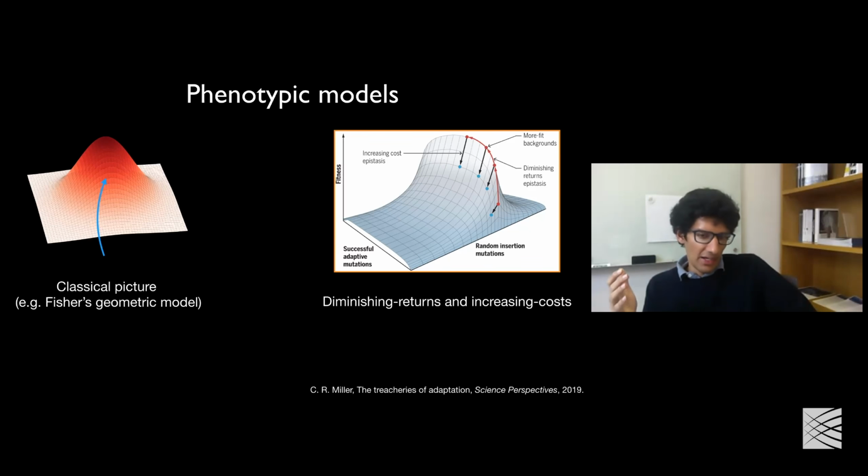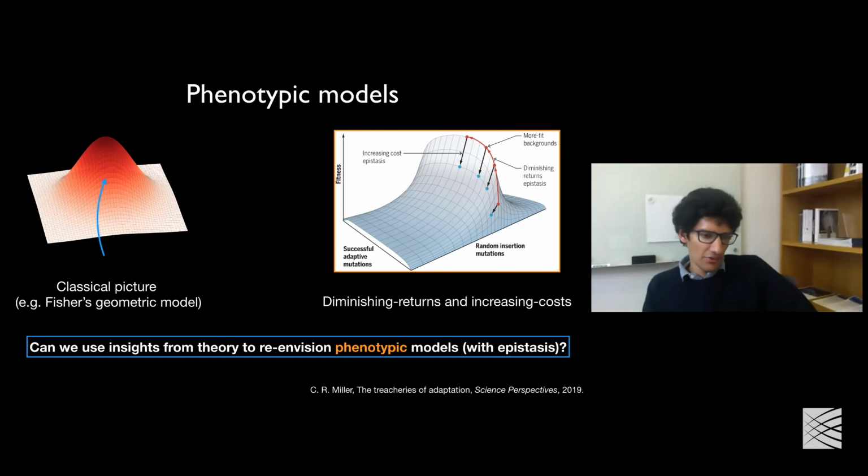I would argue that perhaps these pictures that we draw to guide our intuition are not the right ones to draw. Perhaps we can use some of the insights from the theory to re-envision what these phenotypic models should look like. Now, the caveat here, of course, is that this is biology, so we're going to have a lot of random effects that we can't predict.